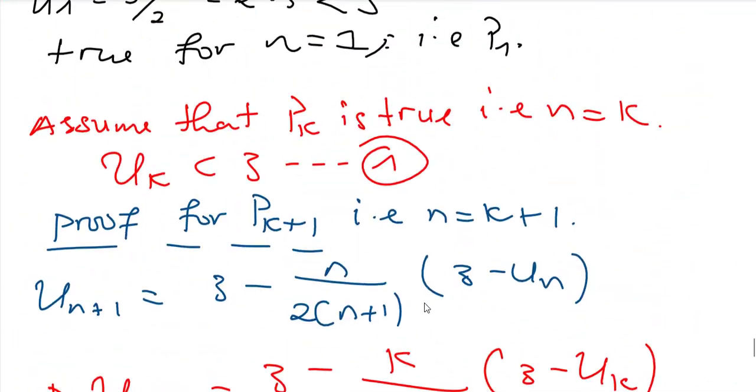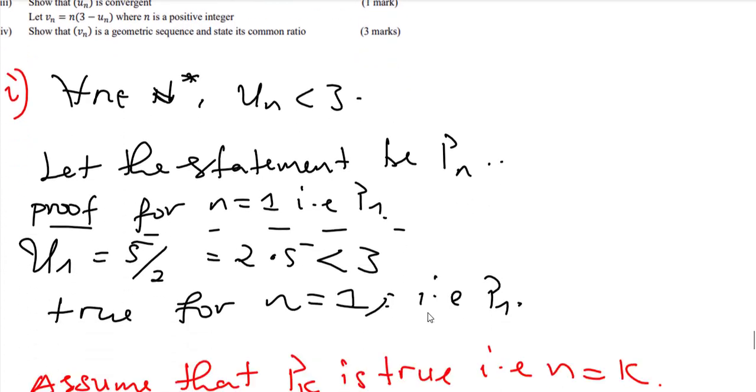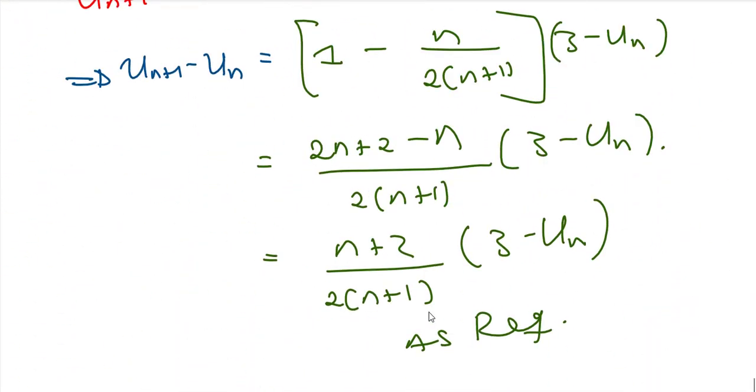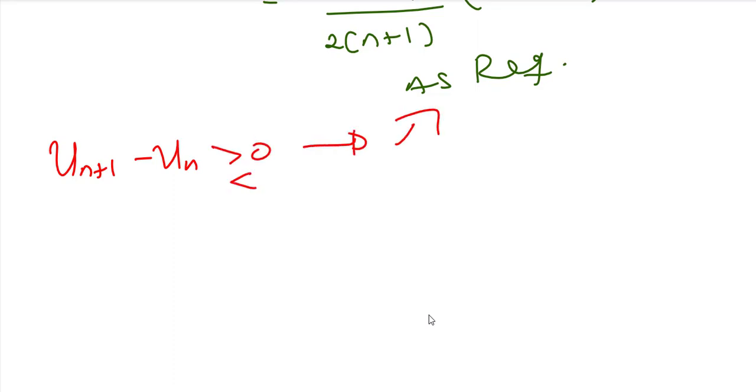Now the next part of the question says, and hence study the monotony of u_n. So let's study the monotony of u_n. Monotony means it suffices for us to study the sign of u_{n+1} minus u_n. If this is positive, then we are going to say u_n is increasing, and if it's negative, we are going to say u_n is strictly decreasing.